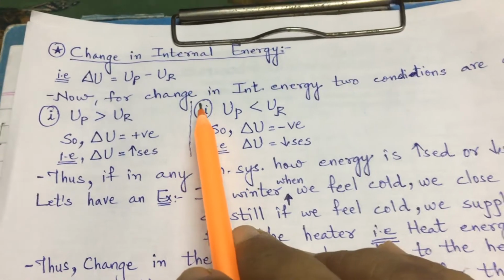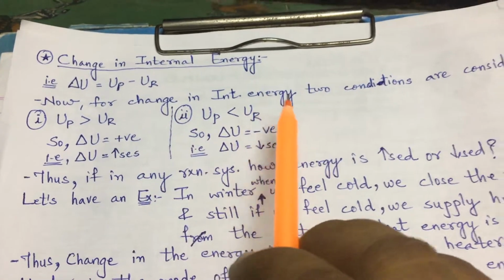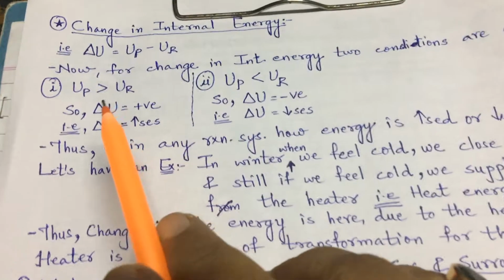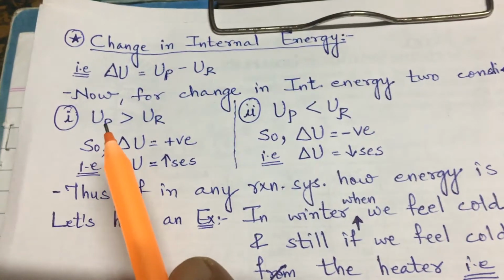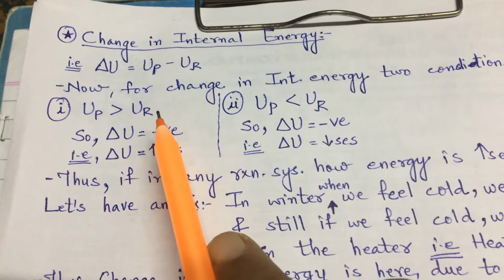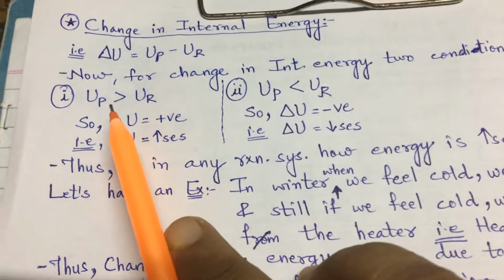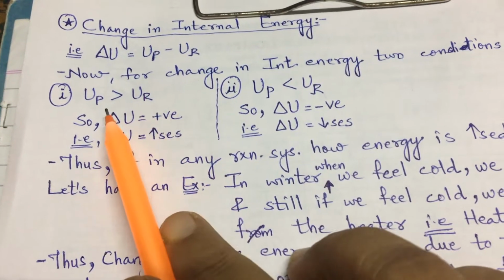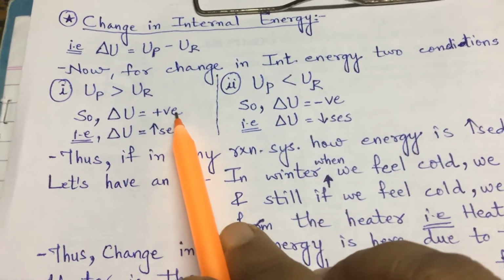For this change of internal energy, we can consider two conditions. First condition is internal energy of product is greater than internal energy of reactant. If internal energy of the product is greater than reactant, then the difference in the energy is positive.